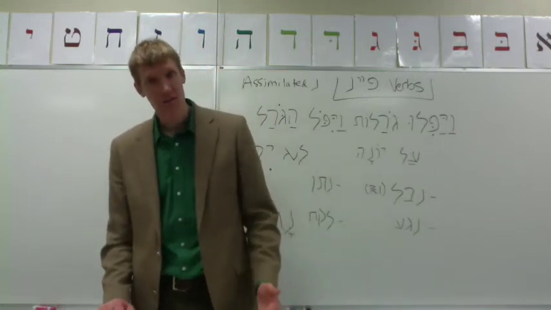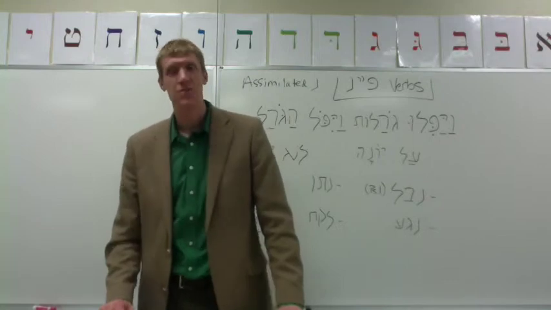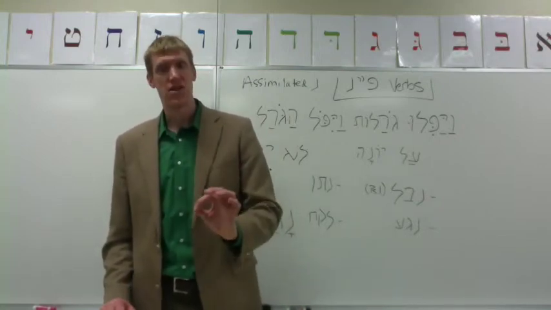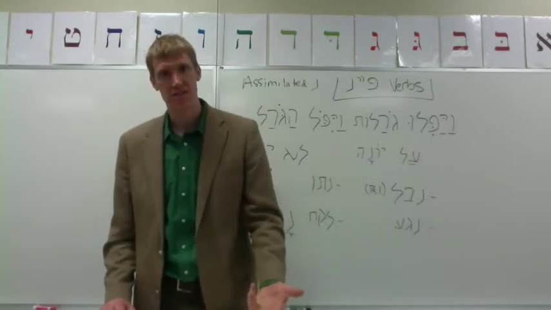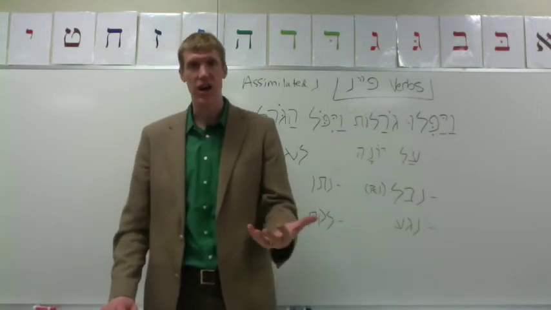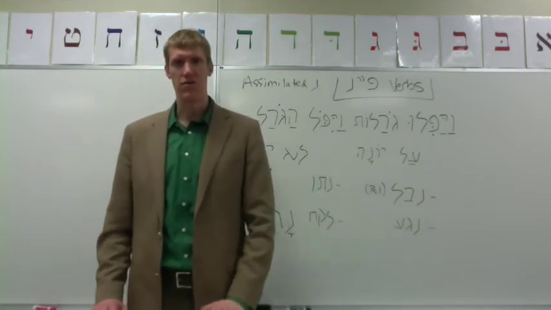In the imperative, the nun falls off in all of them because the imperative is simply the second person imperfect form without the prefix. If you've completely forgotten that, go back and look at the old imperative video.